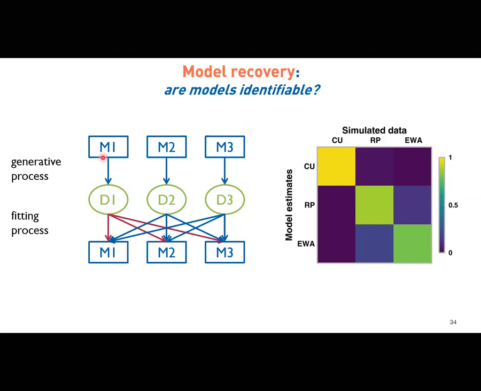As I said, if I know the data is generated from model 1, then through model comparison, M1 will also be the winning one. So this is the diagonal. We want the models to be able to recover themselves. So this is the idea, okay? Model recovery. Any questions regarding model comparison, model recovery?